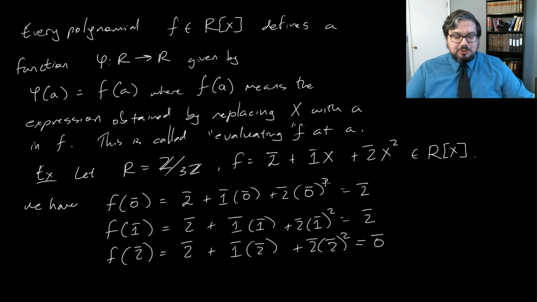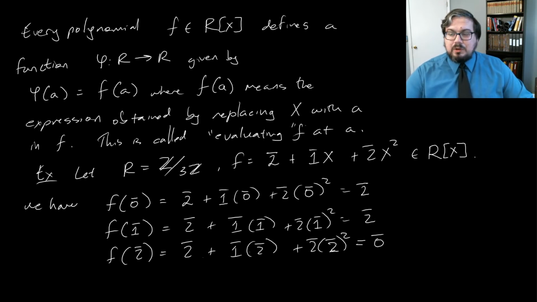So this is what we get. And it does turn out that the fact that we got a 0 out of one of these evaluations does tell us something about the function f itself. It's going to tell us that it can factor, but that is going to depend on the fact that this ring R that we started with is a field, and that statement won't hold in general.